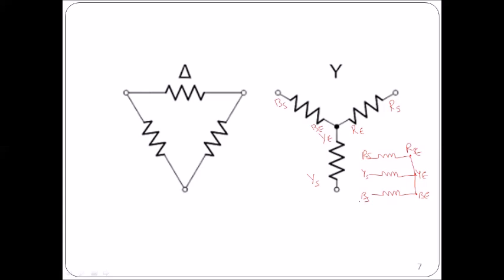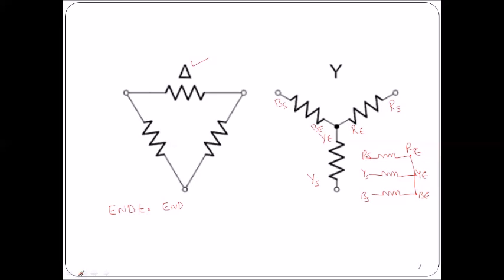Now we shall discuss the delta connection. Okay, in the case of delta connection, it looks like the Greek letter delta, hence it is called a delta connection. In the case of delta connection, you have to remember one simple rule, that is end to end connection. Okay, so what is that end to end connection? I will explain.